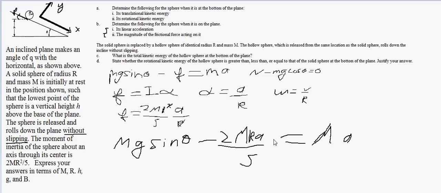You can cancel the m's, and voila, you can get your acceleration from here. So we can say g sine alpha is equal to the acceleration times parentheses one plus 2/5.